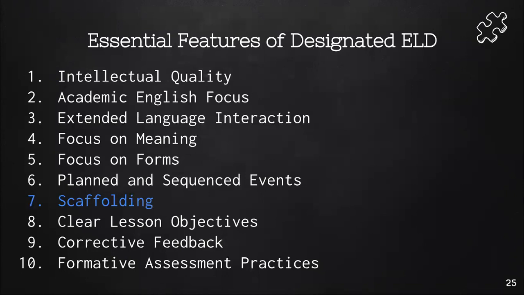And that they're planned and sequenced, that would mean that we might start with something more accessible and build up to something that's more rigorous or more demanding on the cognitive level or on the language level, that it provides scaffolding, and the clear lesson objectives enable the corrective feedback. So the students know where they're going, and the teacher can provide feedback on that, as well as opportunities for peer feedback, and hopefully also for the student to be involved in their own self-assessment.